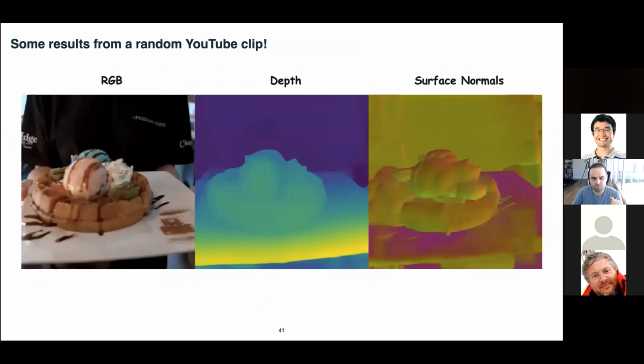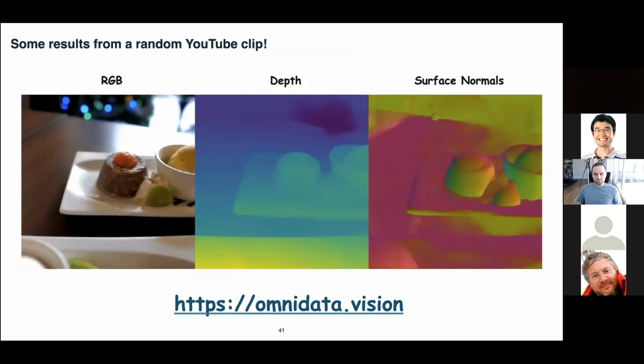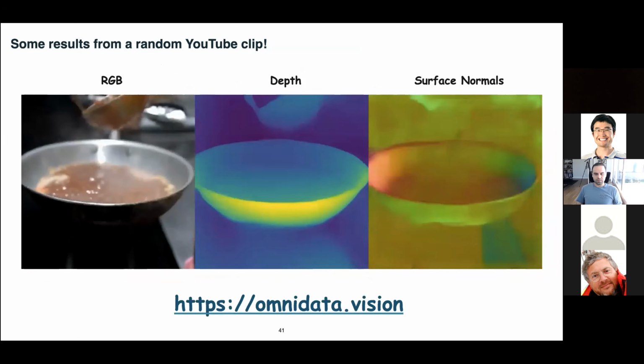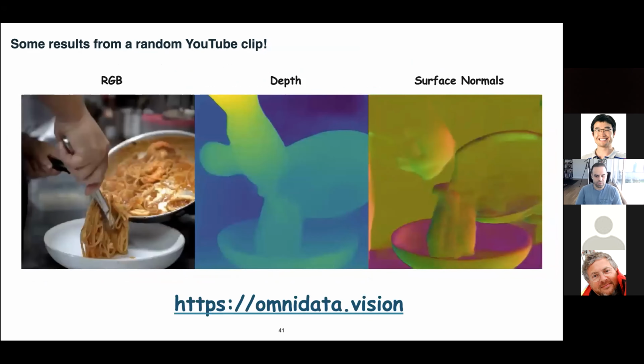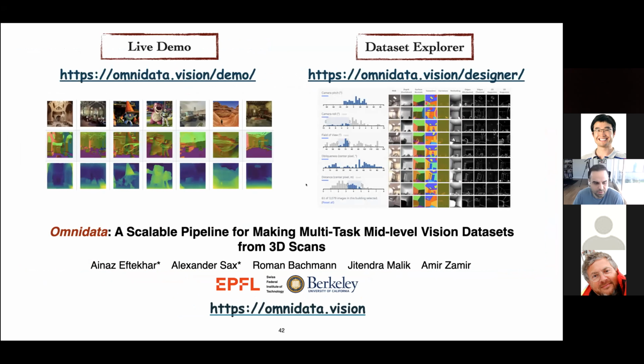There is a live demo on the website, so feel free to visit it, upload your images and see how it works for you. There's also a Dataset Explorer, with controllable parameters and so on, and you can go to this Dataset Explorer web page and start playing with some of these controls and see how it changes the data that you receive.